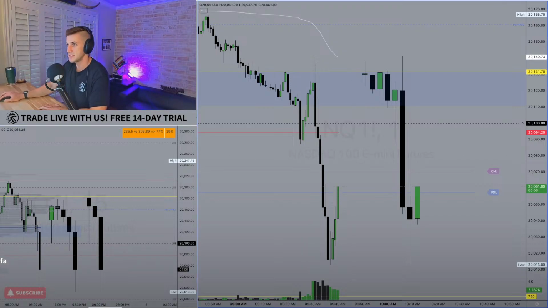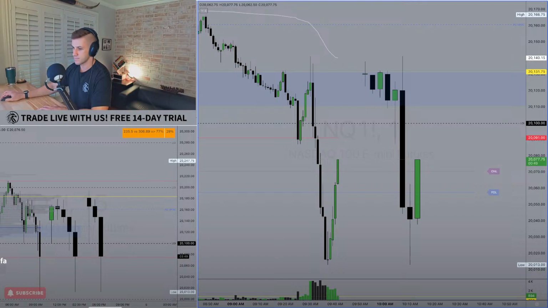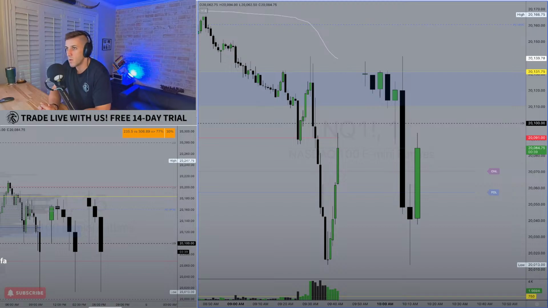There's NQ retesting the prior day low. And back into 100 level of interest there.